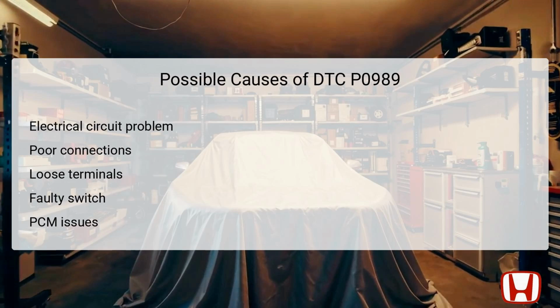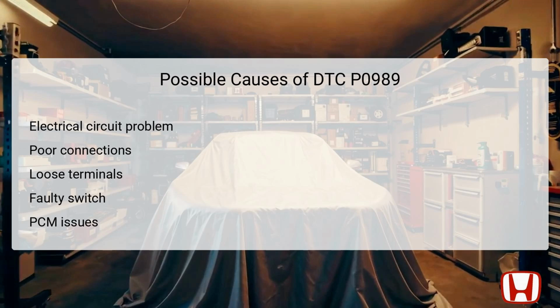The primary cause of DTC P0989 is linked to an electrical circuit malfunction that affects the transmission fluid pressure switch E. Incorrect voltage readings or miscommunication within the circuit can stem from various issues such as poor connections or faulty wiring. Loose terminals between the switch and the PCM can also lead to intermittent signals or complete failure in operation.